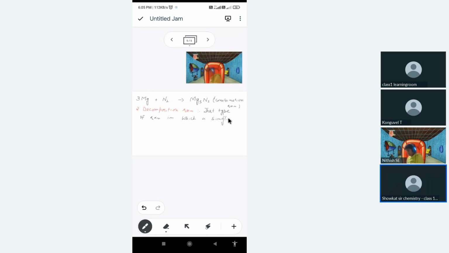I will first define it: a decomposition reaction is that type of reaction in which a single reactant, or substance, breaks down into two or more simpler products, right?